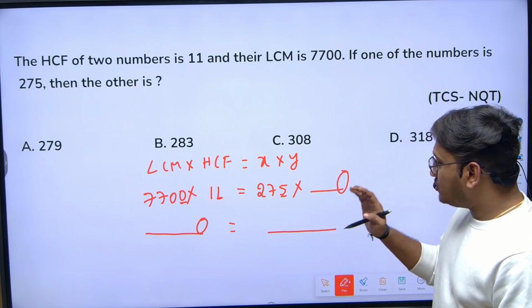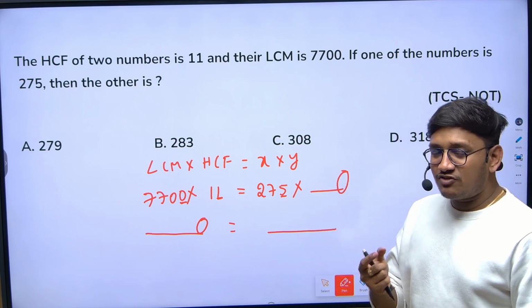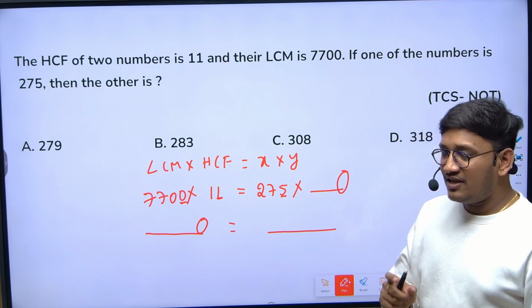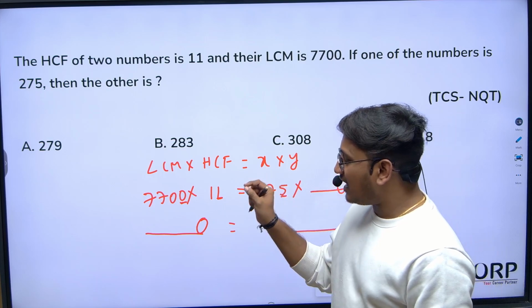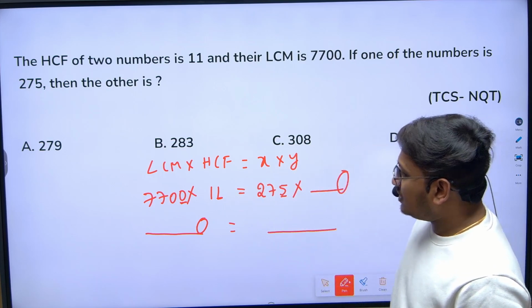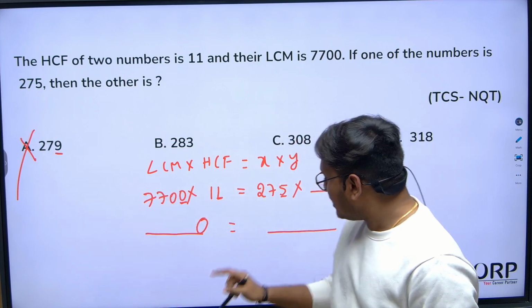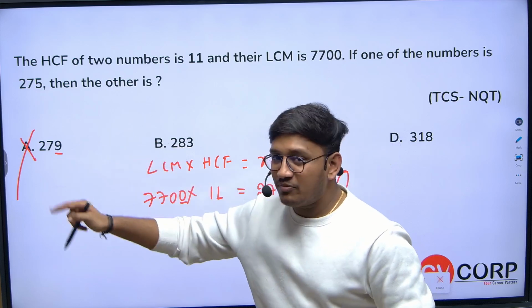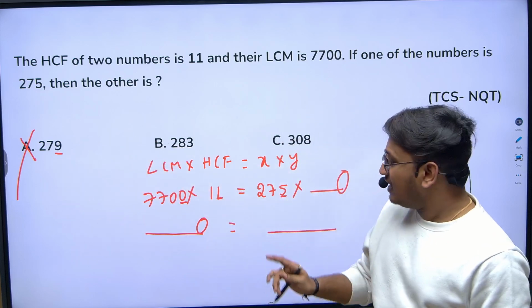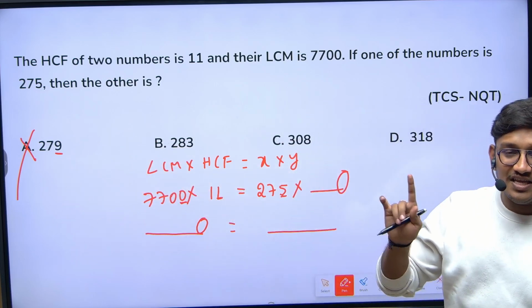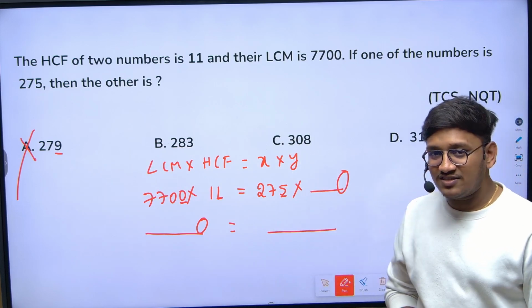Now you just need to check which value of y has an even number in the units place. This is not at all possible where the units place is an odd number, because 5 multiplied with an odd number will always end with 5. Only 5 multiplied with an even number will give you 0.